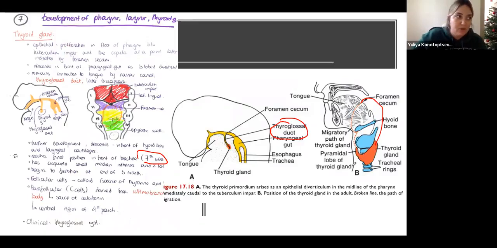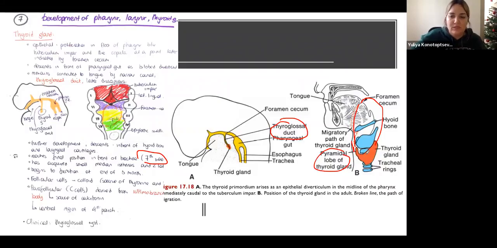In some people, the thyroglossal duct does not disappear completely. It kind of remains halfway. So the distal half of it degenerates and the proximal half of it persists. This is known as the pyramidal lobe of the thyroid gland.